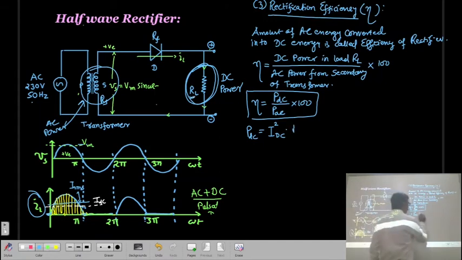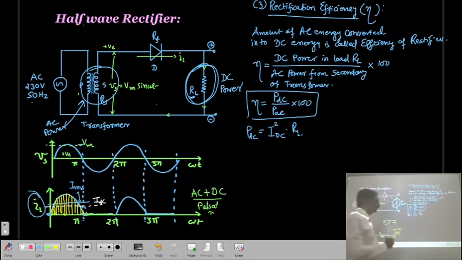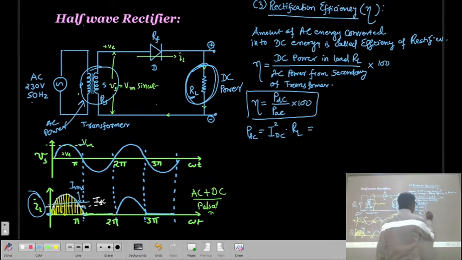So I squared DC into RL gives the DC power. What is my IDC? We have calculated it: it is Im by pi, whole squared, into RL.